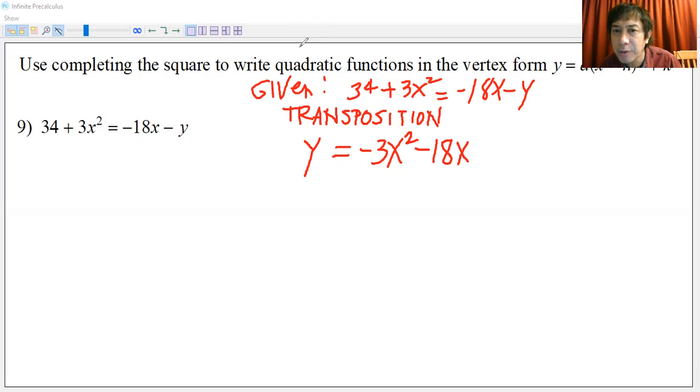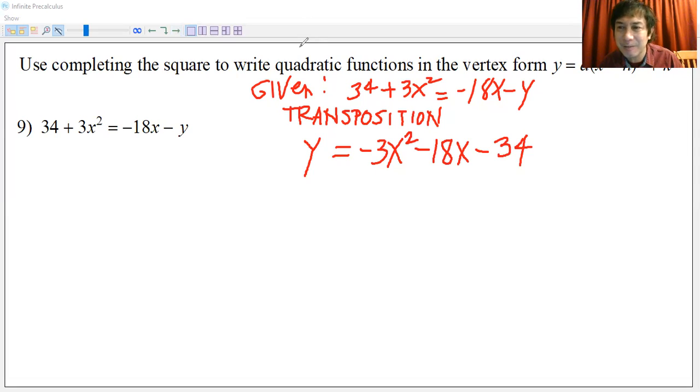All right. So from left, the 3x squared becomes negative going to the right. All right. What else? The 34. Okay. We will move that to the right. And 34 becomes negative. There. Okay. And that's it. And it looks familiar now.